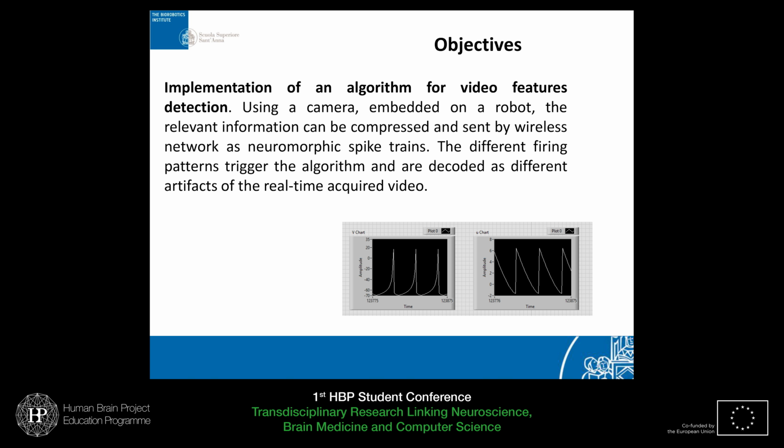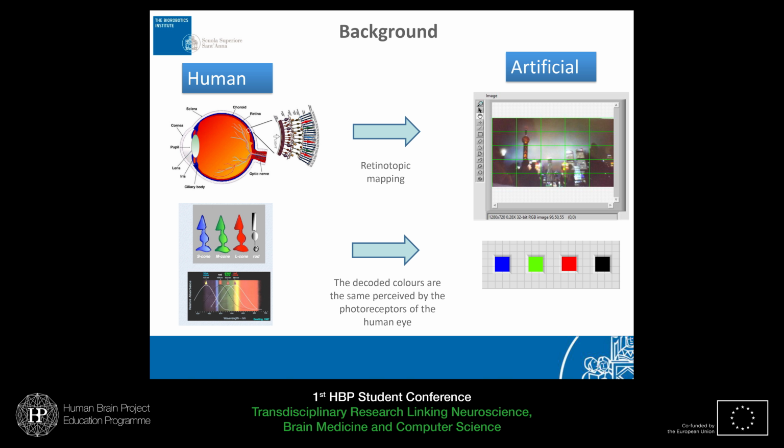Another bioinspiration we want to give to our project is based on the configuration of the acquisition of information in the field of view. So we divide the field of view of the camera into different regions of interest, and each region of interest is directly connected to a neuron structure. As happens in the retina, we have an acquisition of features independent for each region of interest, which can be decoded by a different neuron.